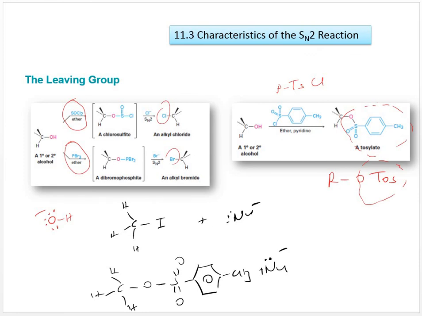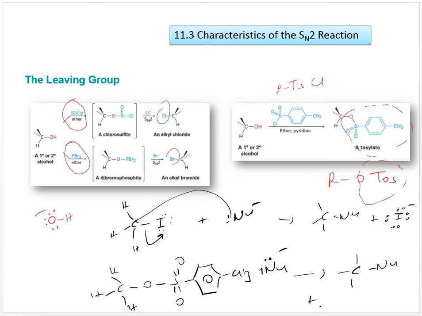So what's going to happen? The nucleophile will attack the electrophilic carbon and kick out this leaving group. I'm drawing very primitively, so just look at the leaving groups. So this is the leaving group. Again the same, nucleophile, but that's the leaving group.